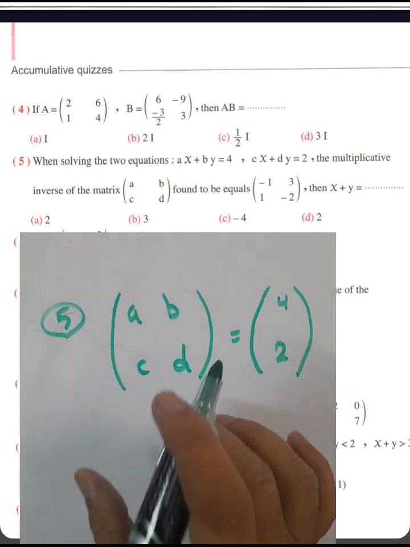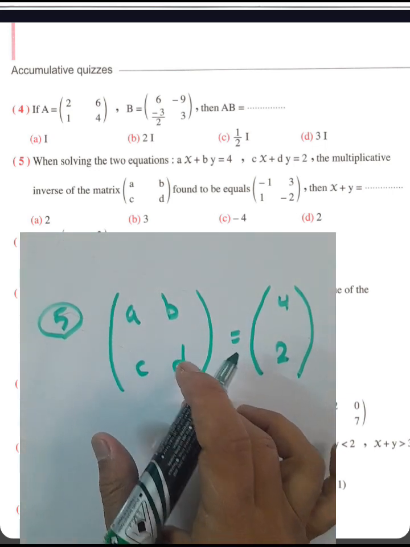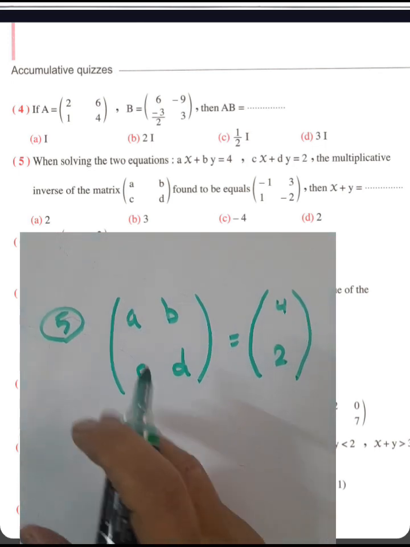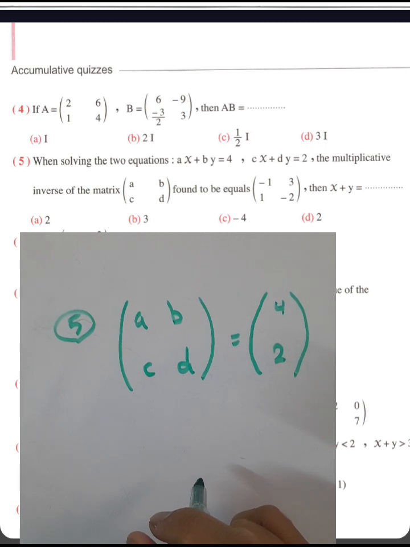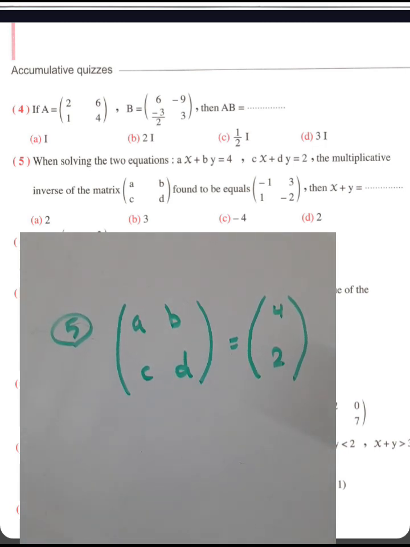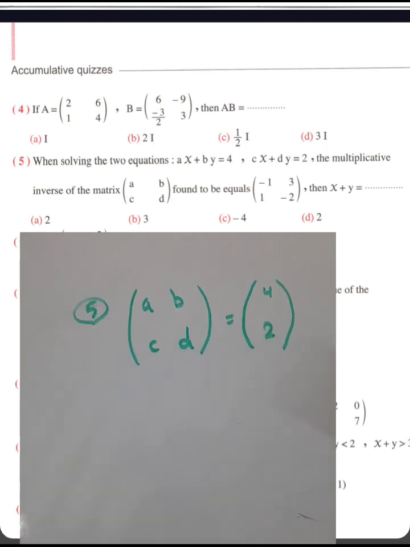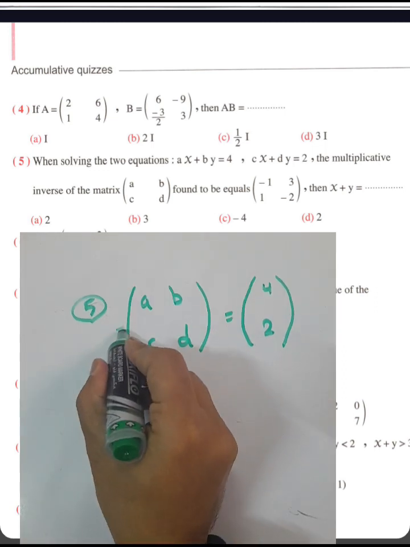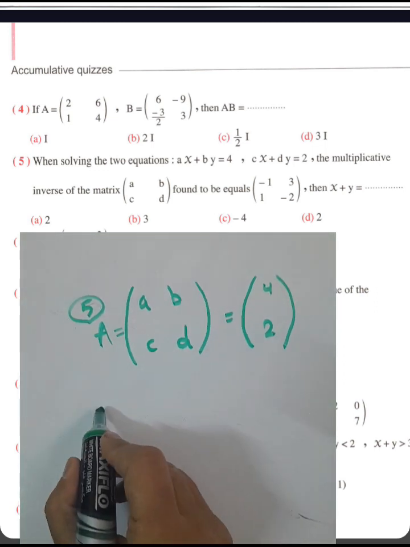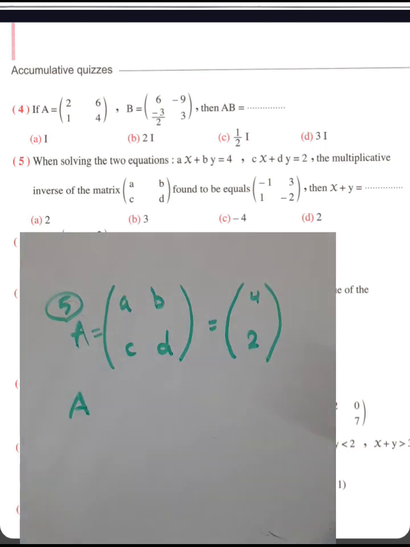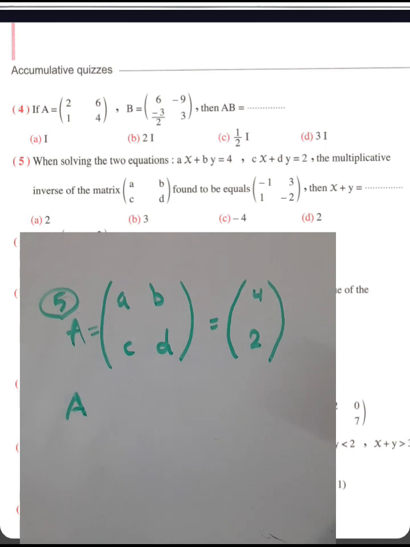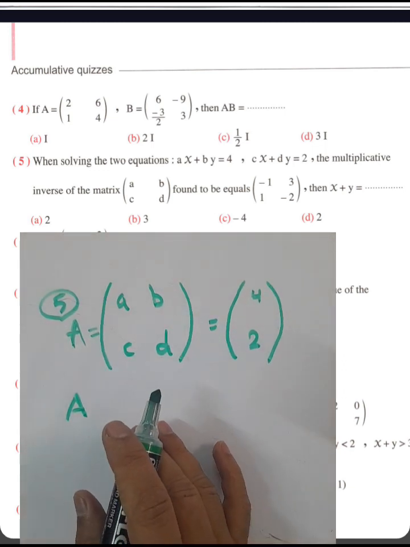The multiplicative inverse of this matrix, we can write as the inverse of this matrix multiplied by the determinant result. He gives us A, B, C, D, and we have this matrix A, and he asks for the multiplicative inverse of matrix A. We can find it.